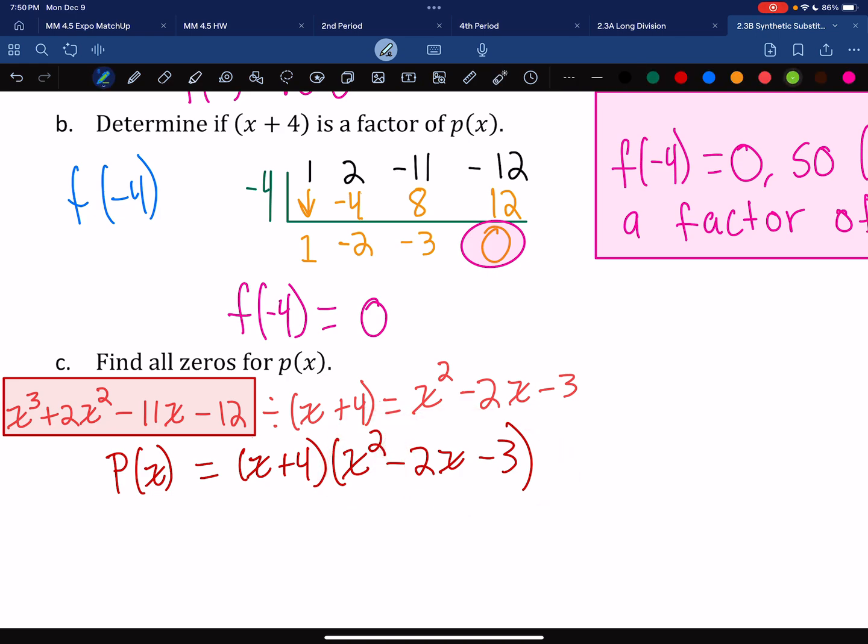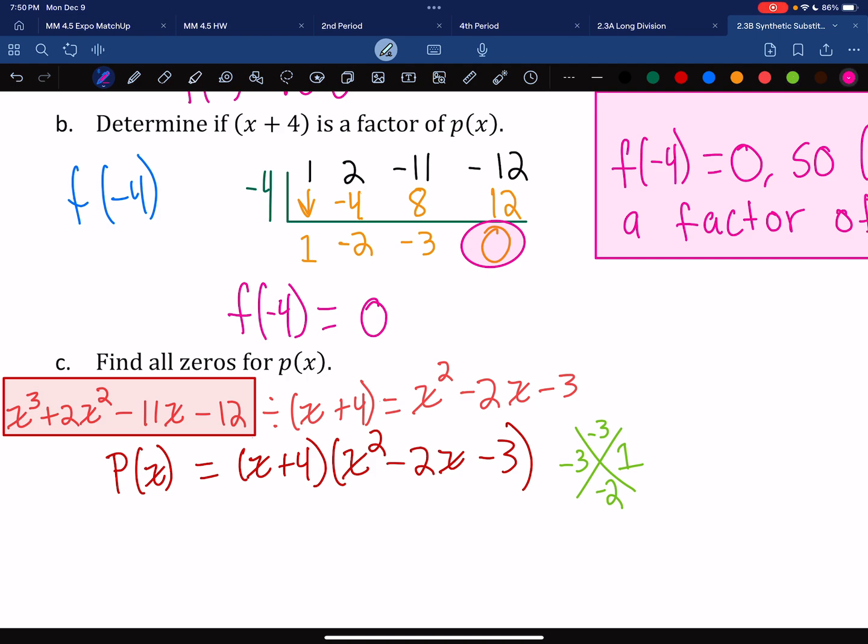So to get it in factored form, remember, what two numbers multiply to -3 but add to -2? And that would be -3 and 1, right? -3 times 1 is -3, and -3 plus 1 is -2.